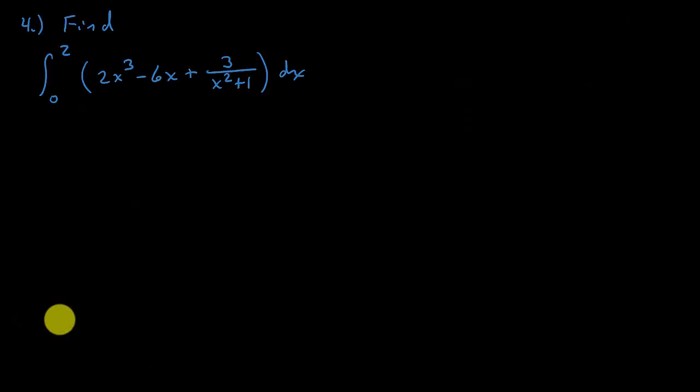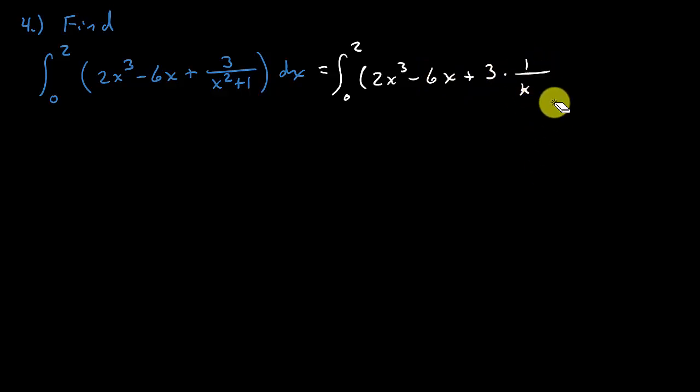All right, so this next step that I'm going to do is not really necessary, but it may help you see it. So I've got 2x cubed minus 6x plus, and then let's do 3 times 1 over x squared plus 1.